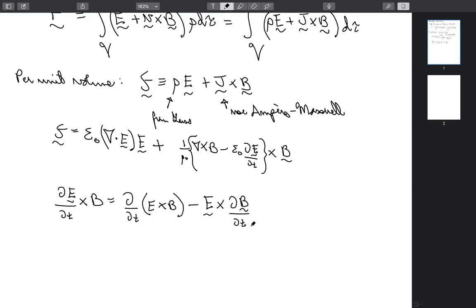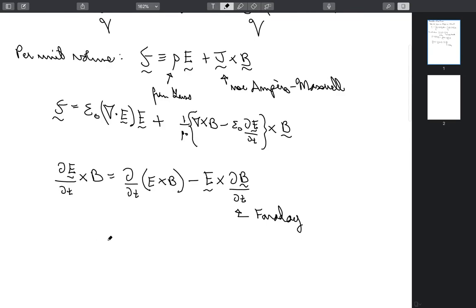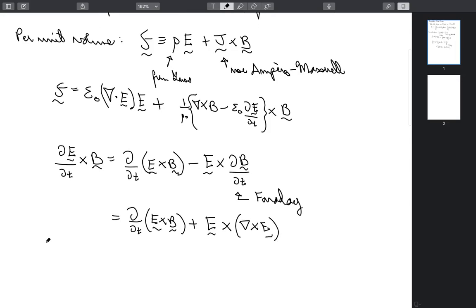Now we can substitute for dB dt using Faraday. So what I get is that this whole thing is just d dt of E cross B, plus E cross the curl of E.